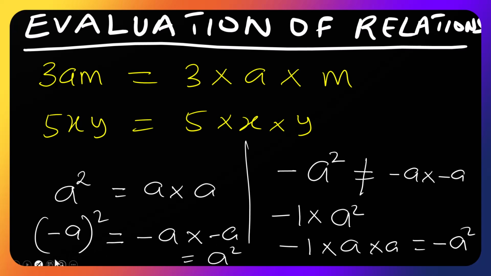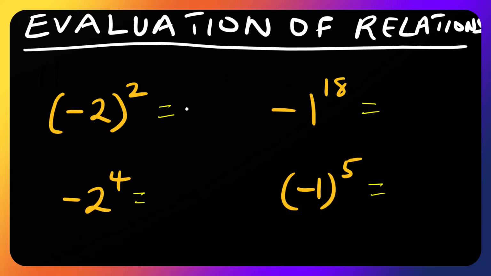Okay, so let's understand the following terms. Now with this, remember we have minus 2 all squared. So this one is seen as minus 2 times minus 2. And therefore, the final answer will be 4, positive.